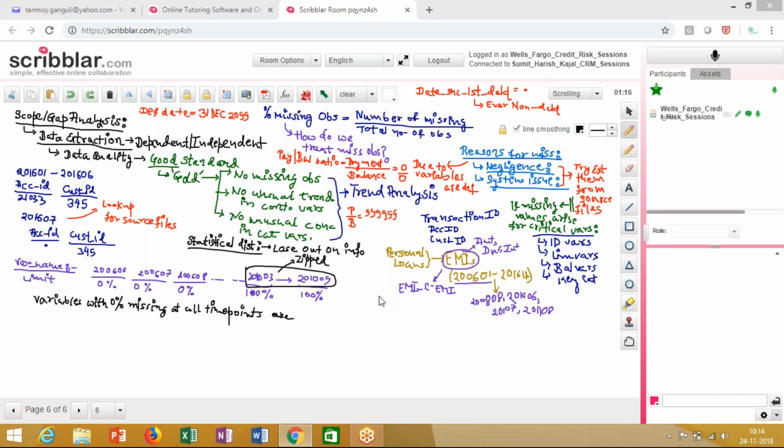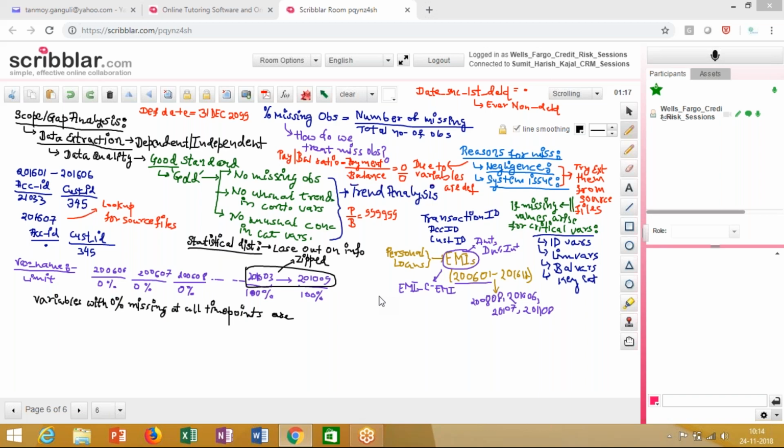I can provide the controls: this is the check I had done. There is a flow through which the variables go down and my variable waterfall is created, and at each stage I have a reason to justify why a variable has been selected and why a variable has been rejected.